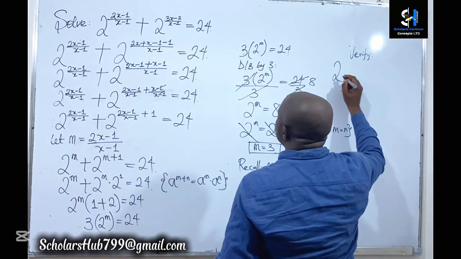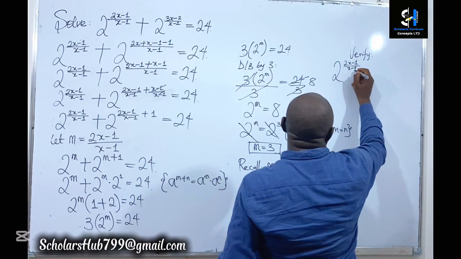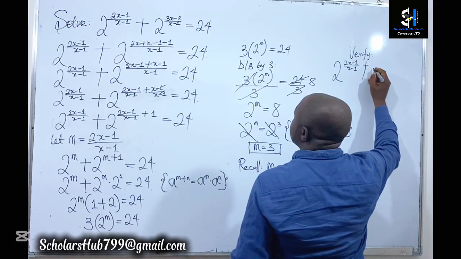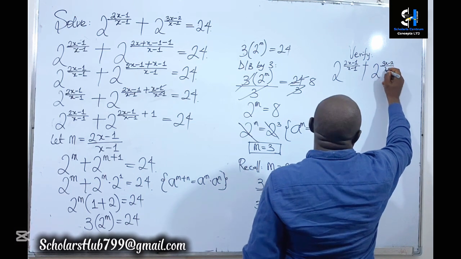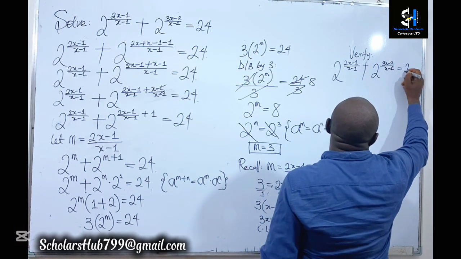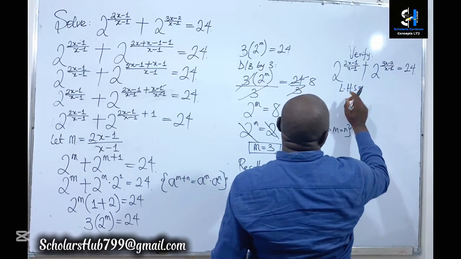So now let's verify. The equation is 2 exponent (2x minus 1) over (x minus 1), plus 2 to the power of (3x minus 2) over (x minus 1), equals 24. So this is the left hand side, so let's work with the left hand side.